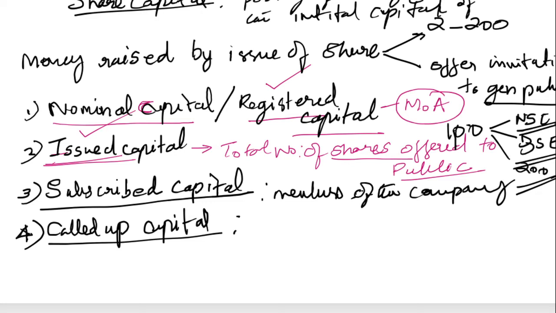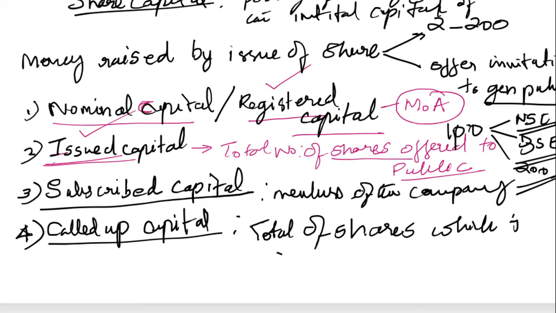So called up is the total amount of shares which is already subscribed by whom? Members, which is already subscribed, is called a called up capital.